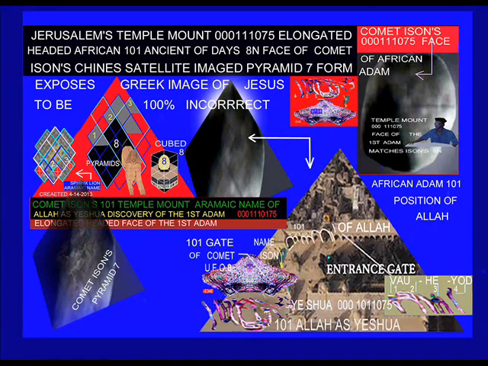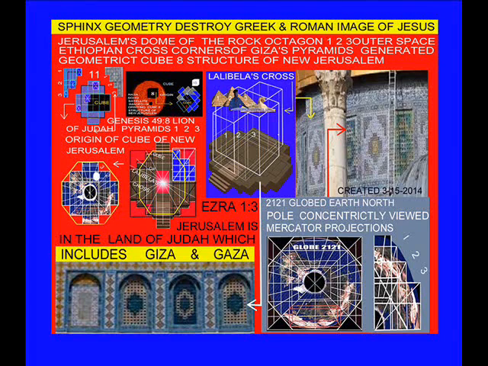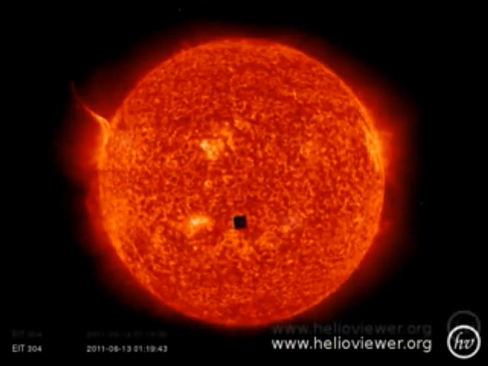So picture going to Jerusalem in the Middle East, the holy building of King David and Solomon. Now take your cameras with you. Now photograph the entire outer octagonal wall surface of the holy building of King David and Solomon. What you're going to see is stone rectangular window frames surrounding the entire outer wall surface. Now when you look at each stone rectangular window frame, you'll see they have Ethiopian crosses.